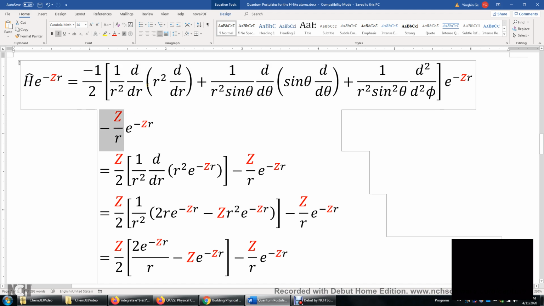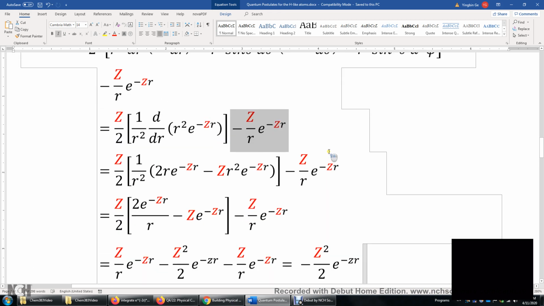So we apply the kinetic energy operator to the wave function and also the potential energy operator to the wave function. Fortunately, this wave function does not depend on theta or phi. Therefore, we have only one term here being applied to this wave function as the kinetic energy part right here. And then this is the potential energy part, which is much easier.